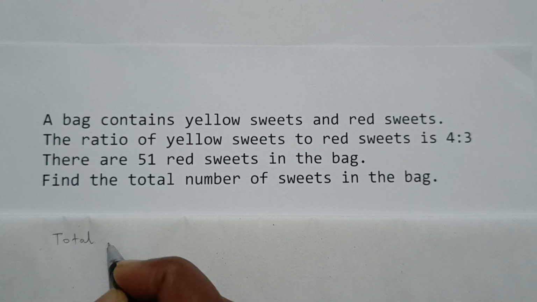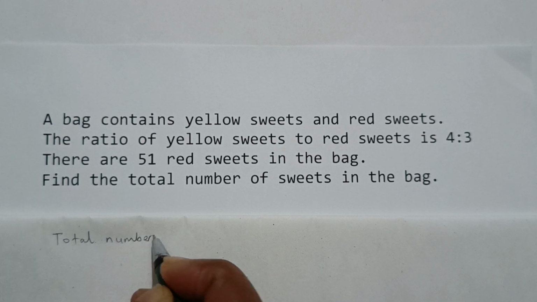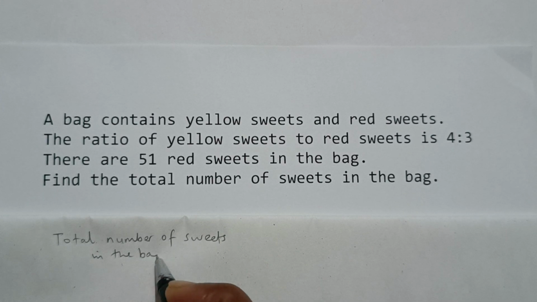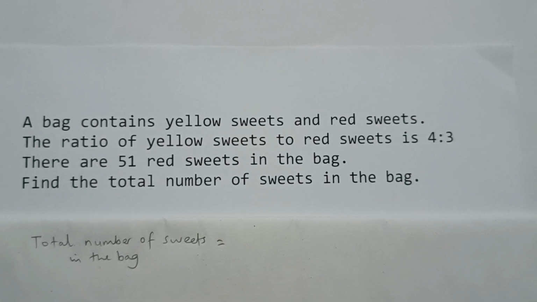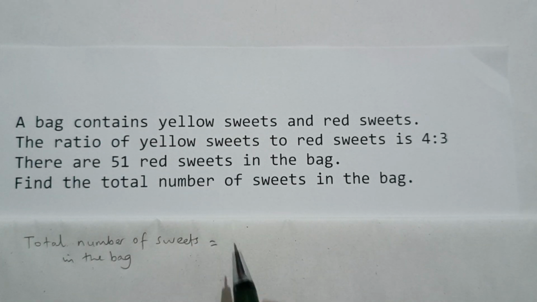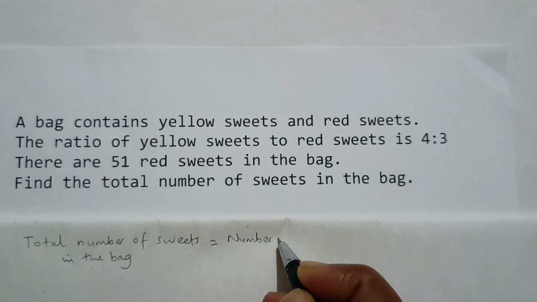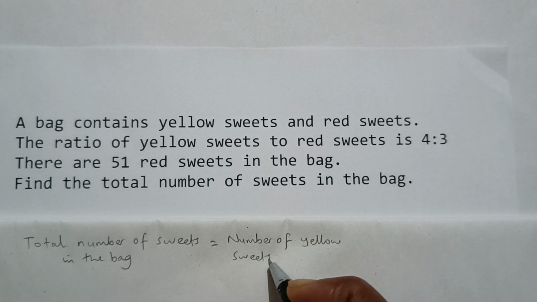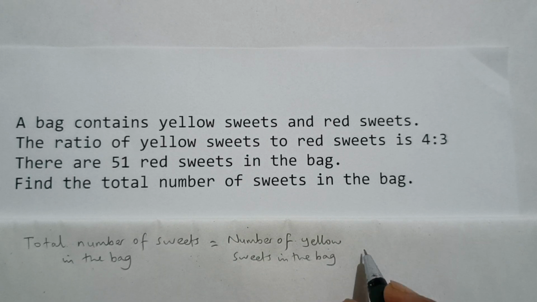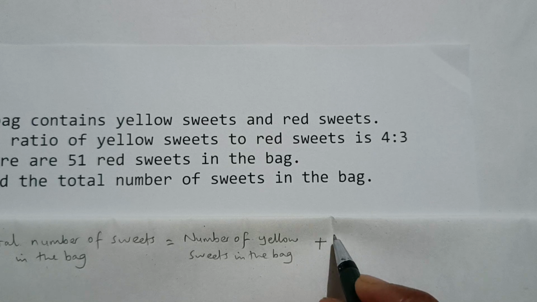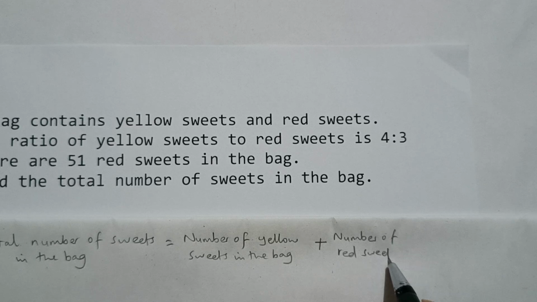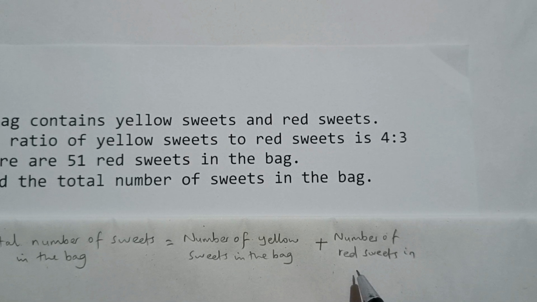Total number of sweets in the bag is equal to the number of yellow sweets in the bag plus the number of red sweets in the bag.